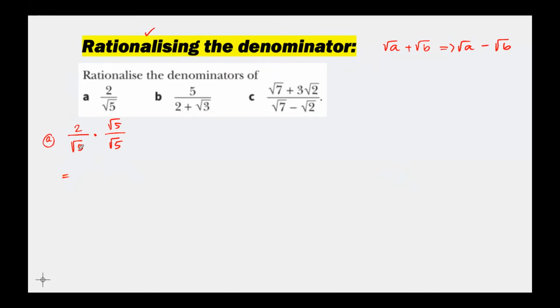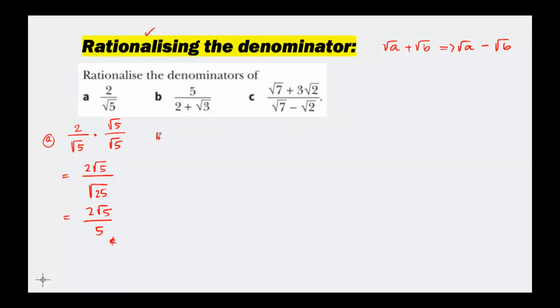Because square root of 5 times square root of 5 is square root of 25. I'm going to write it here so it's clear to you. Square root of 25, and what is square root of 25? This is just equal to 5. So if you notice, the denominator no longer contains a surd.